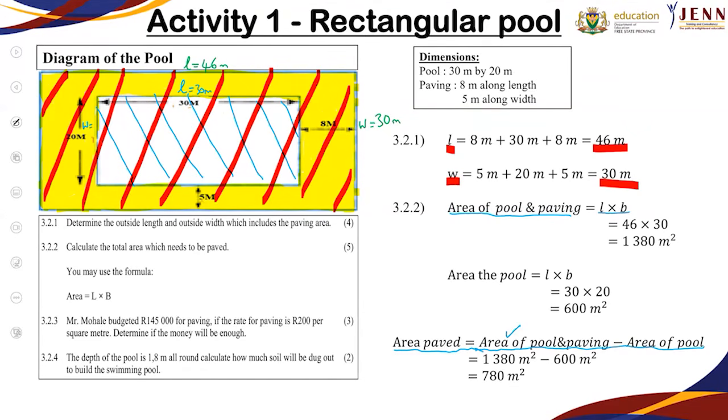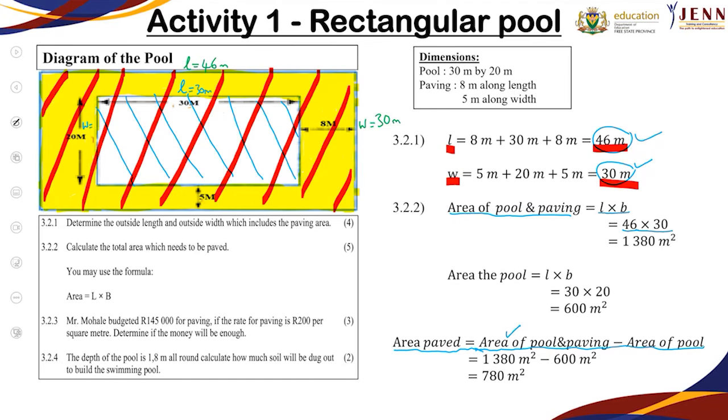So let's have a look at the length of the area of the pool and paving, and we said it's what? 46 meters. So I put the 46 there. And the width of the pool and the paving is 30 meters. So I've got meter, then I can put into my formula: 46 meter multiplied by 30 meter.